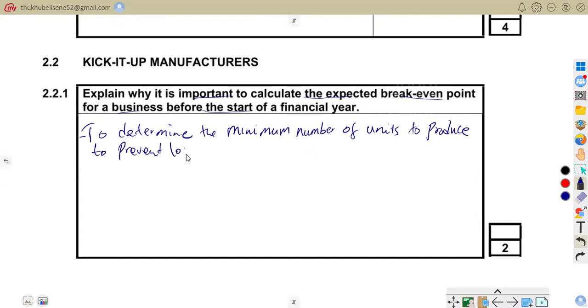Also, it is to avoid running into cash flow problems.